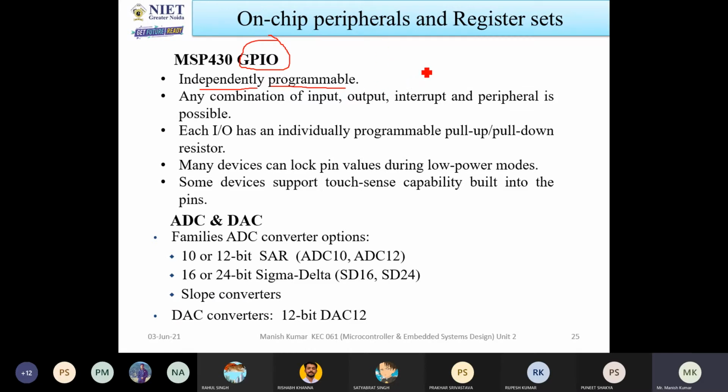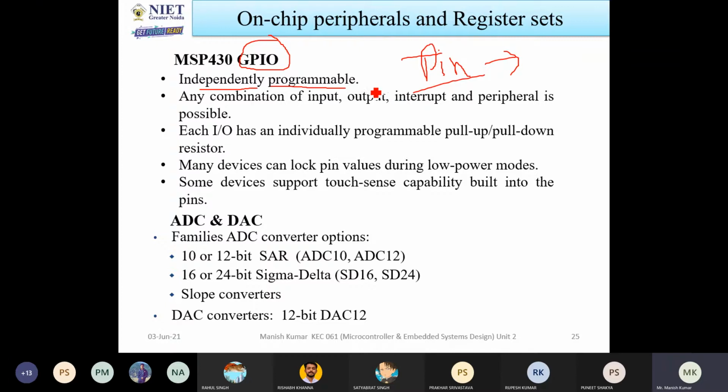Whatever pins are available, these pins will work in both ways, either output or input. It depends upon you how you are going to configure this pin as an input or as an output. It depends upon the user only. So the user can configure it either as an input pin or as an output pin.